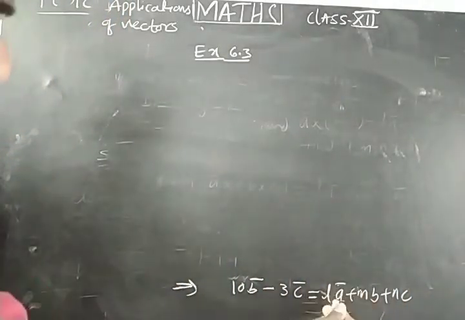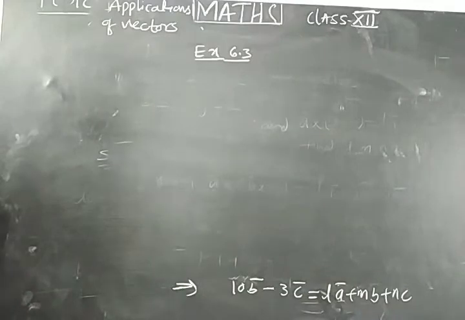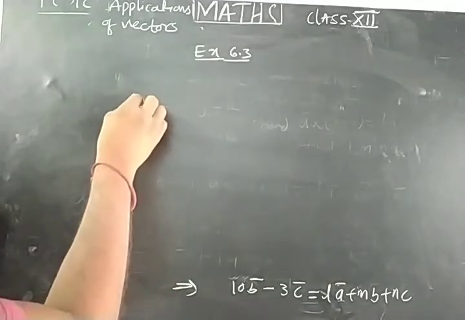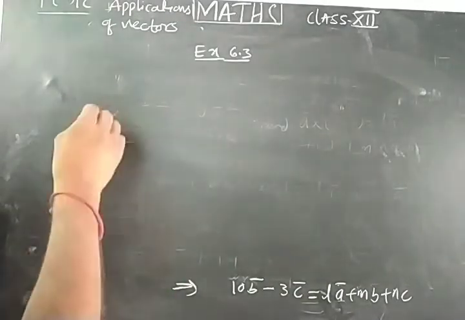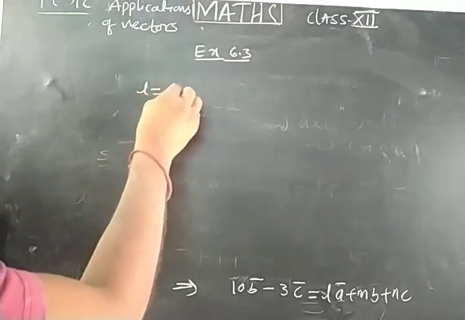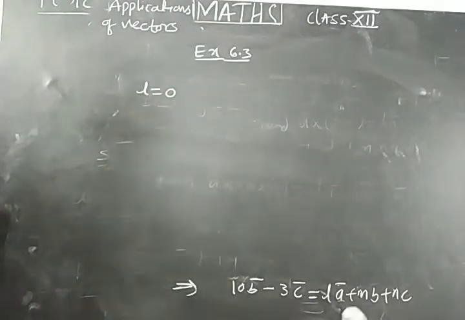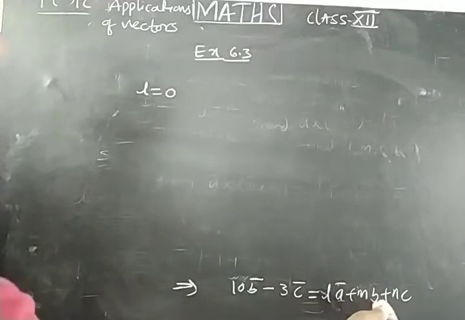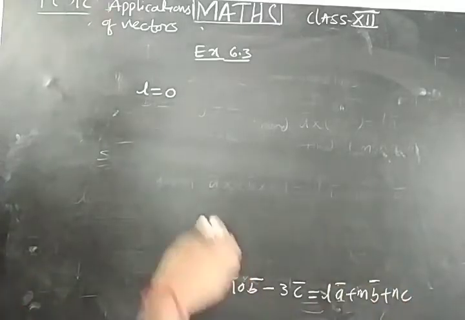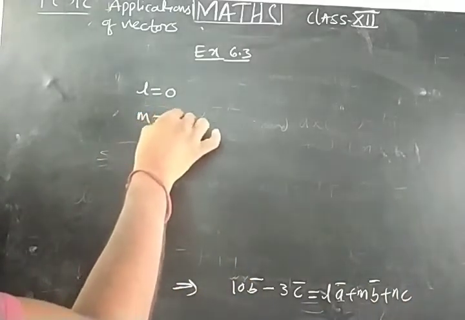Now by comparing both sides, the A bar coefficient on the left-hand side is 0, so L is equal to 0. M is the coefficient of B bar, so M is 10.